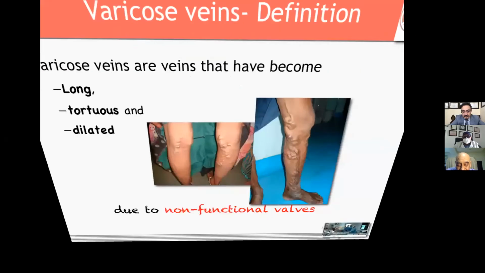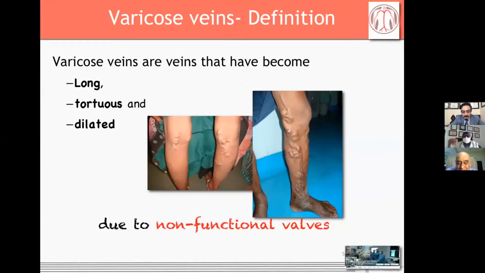The most common indication, especially in our country or maybe worldwide, for which we will be doing venous Doppler is varicose veins. So we should be aware of the anatomy, the pathophysiology and the pathological changes, because varicose veins are long, dilated, tortuous veins, and there are many reasons for that.